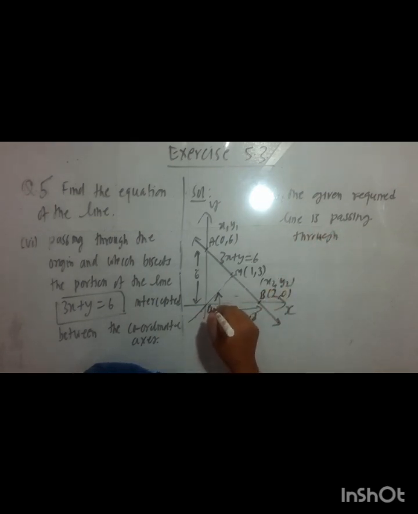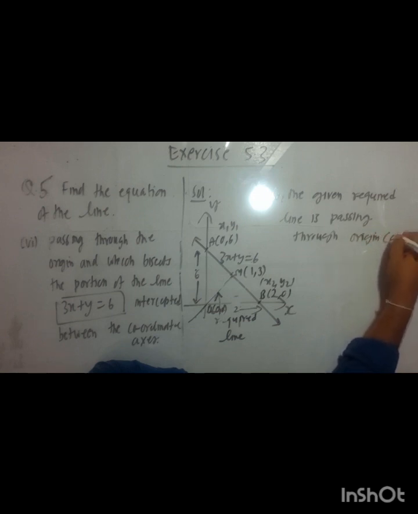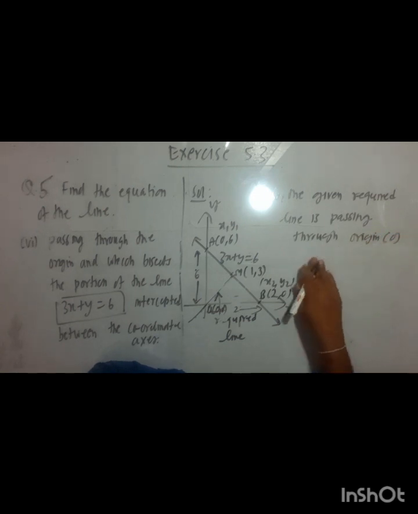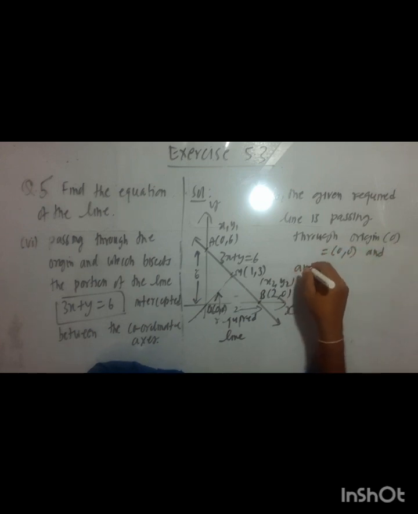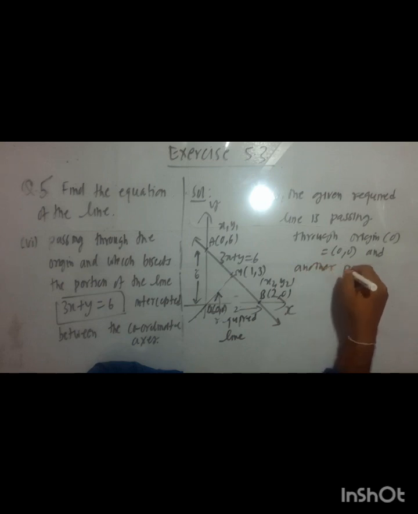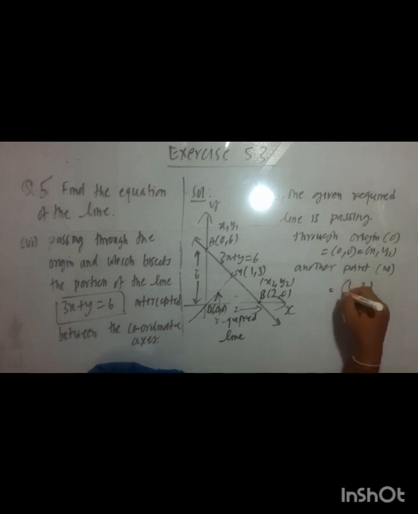Origin means having coordinates 0 comma 0, so this will be your x1 and y1, and another point M, 1 comma 3, that is equal to x2 y2.